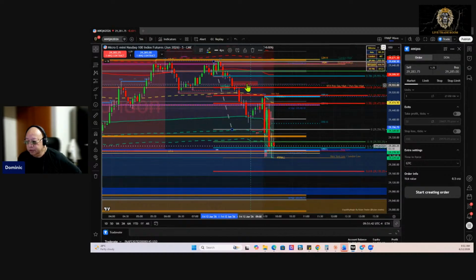You could have traded this fib right off the bat at 9:30 when it hit up there and came back down, where it broke down here. So you could have entered this all the way down until this target.